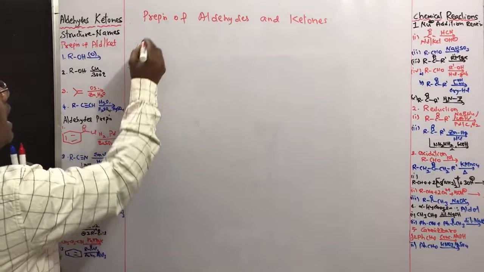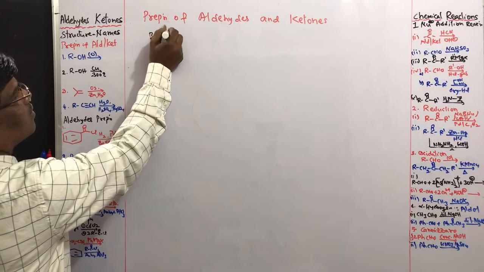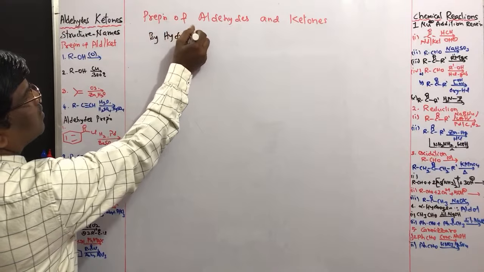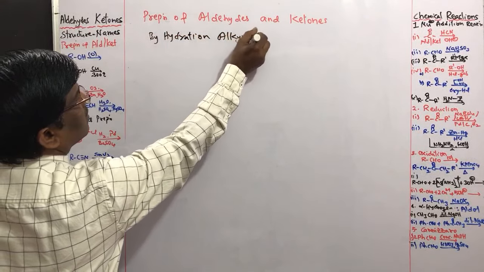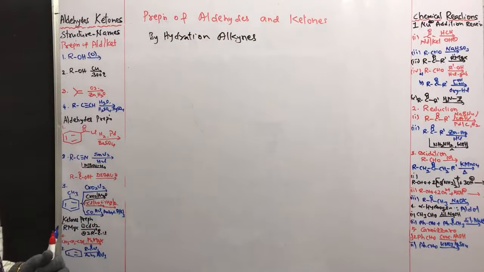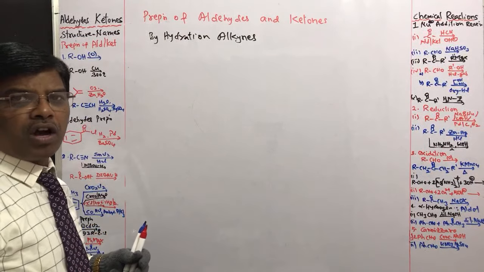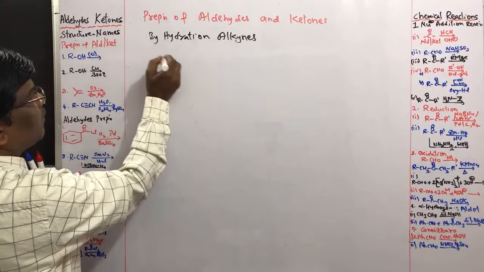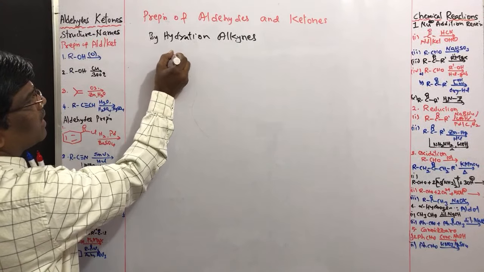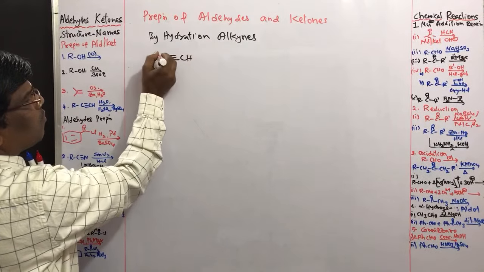With alkynes, what we are going to get are Markovnikov's products. For example, if I take this compound, what is it?